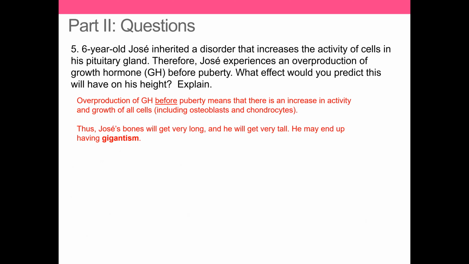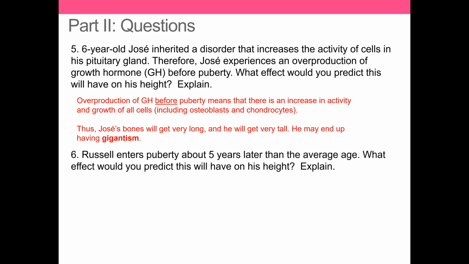So he hasn't hit puberty, so he still has epiphyseal cartilage. So because he's got the cartilage that can keep growing and the osteocytes that will follow behind them, his bones will get very long and he will get very tall, and he may end up even having gigantism, which is caused by too much growth hormone before puberty.